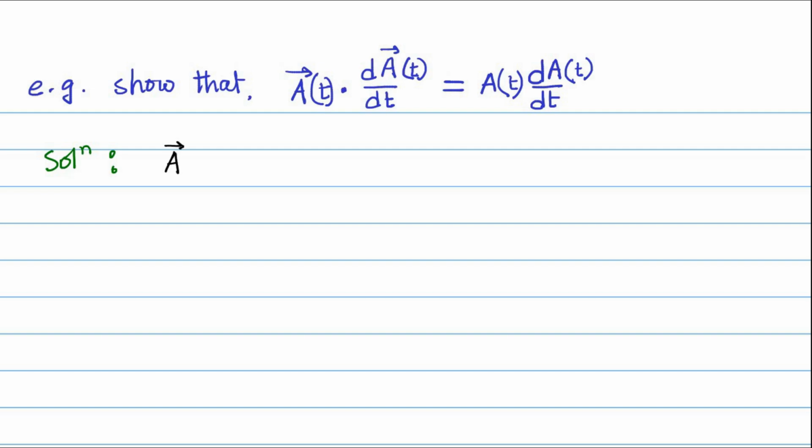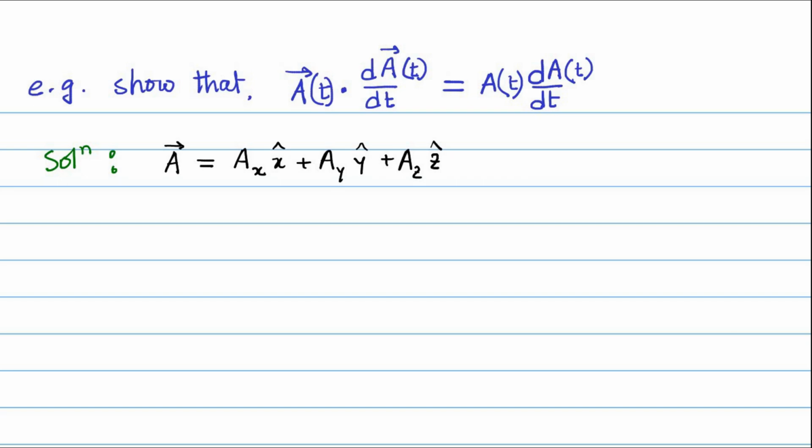Let's write A in a coordinate system. So you have ax x hat plus ay y hat plus az z hat. Of course, ax, ay, az are all functions of t, so they inherit the parametrization from the original vector.